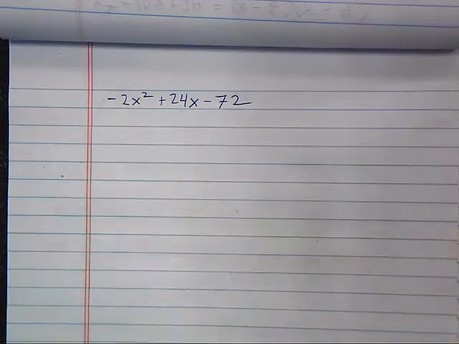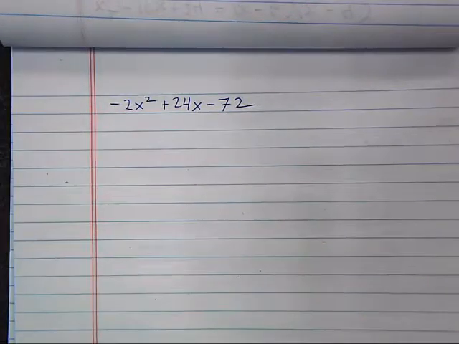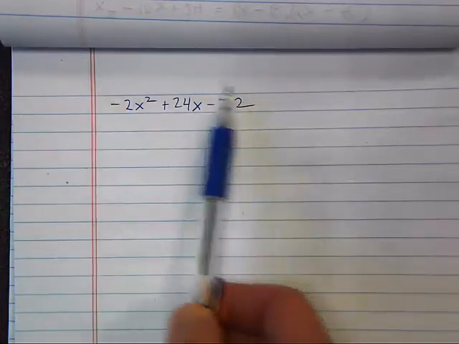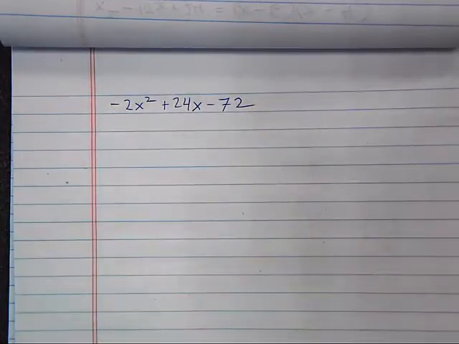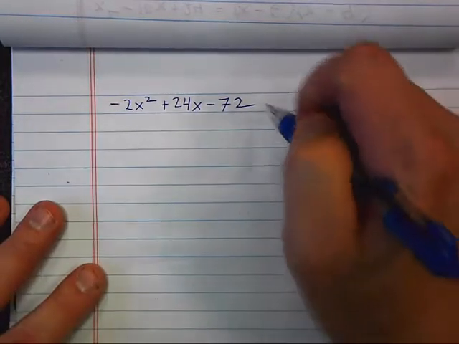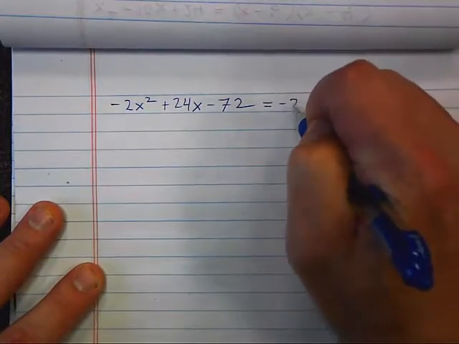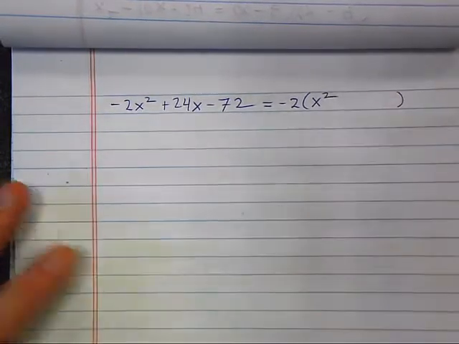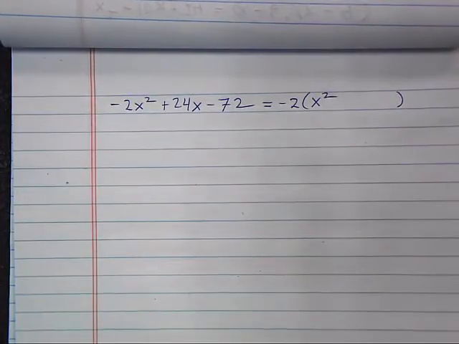Okay? So anytime you go to factor, the very first thing you should always look for is a greatest common term. Is there anything common to all 3 of those pieces? A 2. In fact, I'm going to take out a minus 2. Because I like to have just x squared there. I don't even want the minus sign there.